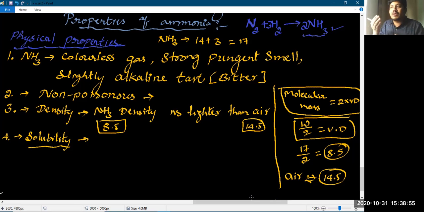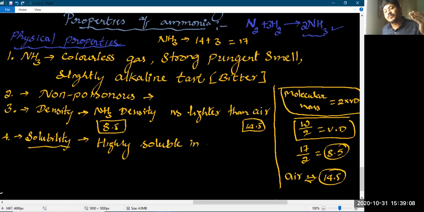So how does ammonia get dissolved in water? How many times does it get dissolved? Ammonia is highly soluble in water. How many volumes of ammonia get dissolved in water?